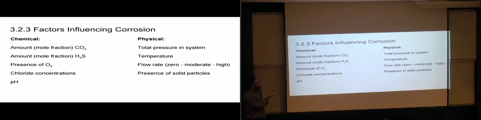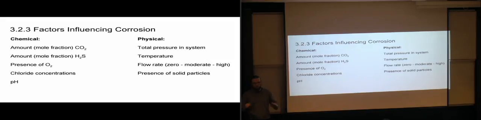On the chemical side, we have a couple of other factors. So the amount of CO2 in the well flow, and the amount of H2S, so hydrogen sulfide. The presence of oxygen.